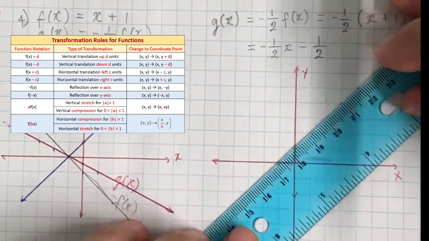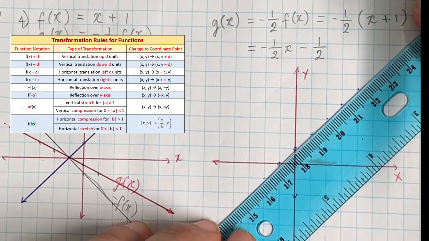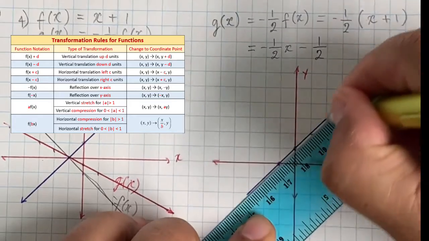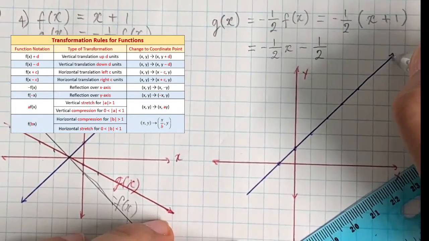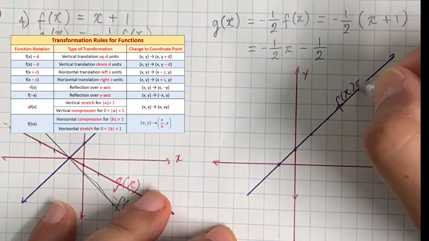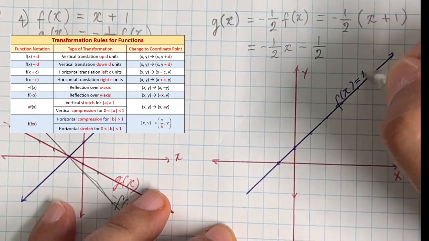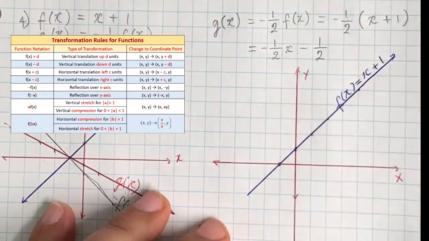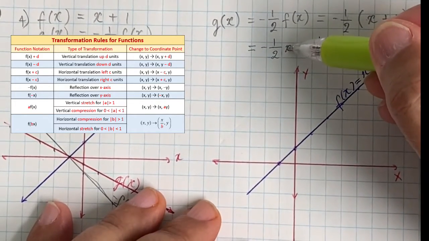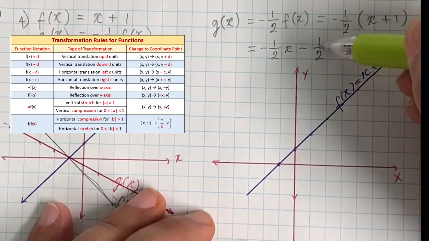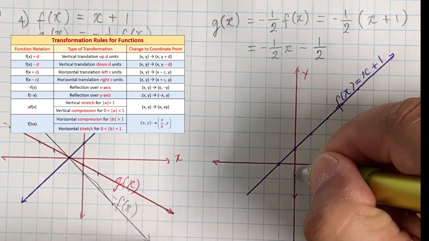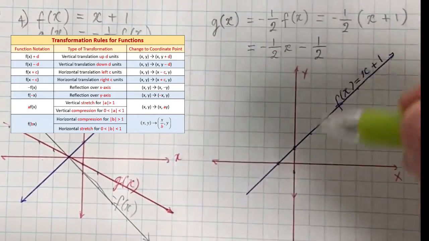Let's draw f of x, which is this straight line right here. Well, this is f of x equals x plus 1. Okay. Now g of x, when x is 0, g of x is negative 1/2, so it's down here. You see, there you have it, right there, right?